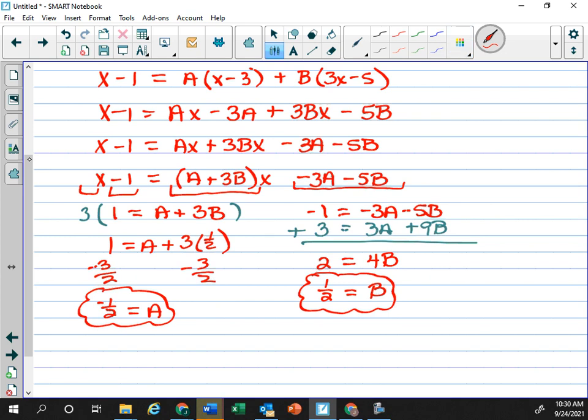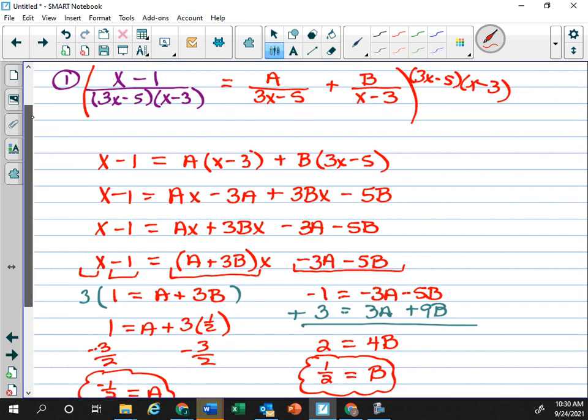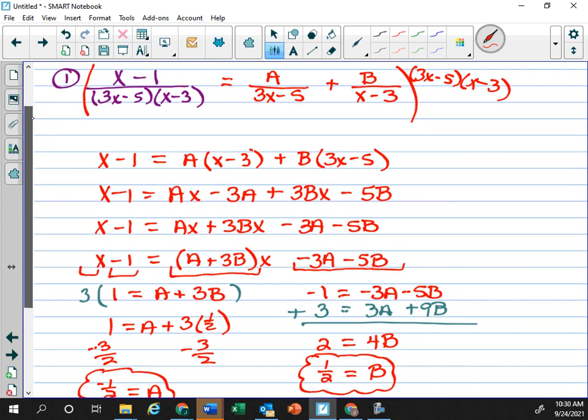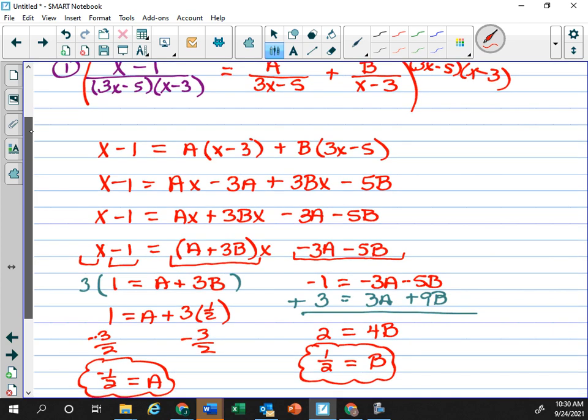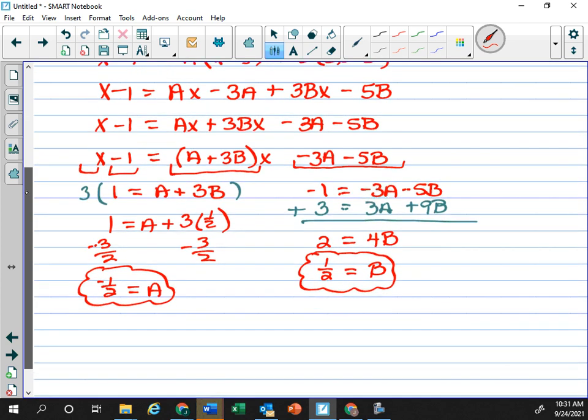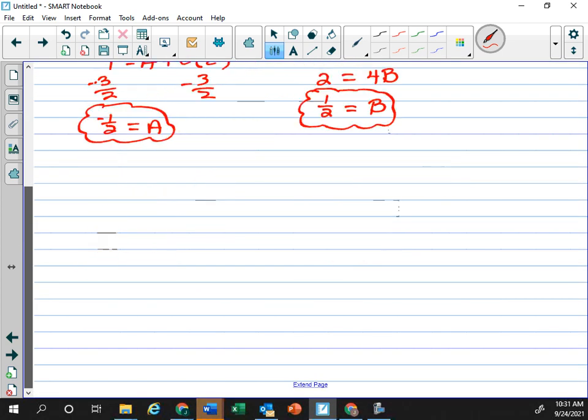Remember way up at the top how I wrote A over 3x minus 5 and B over x minus 3? That is what you're essentially going to do now. That's how you write your answer. So I'm going to write -1/2 over 3x minus 5, I think that's what I had A matched with, plus 1/2 over x minus 3.